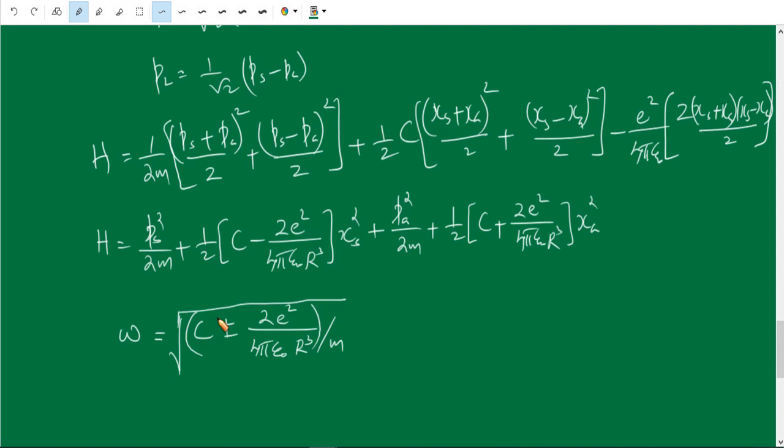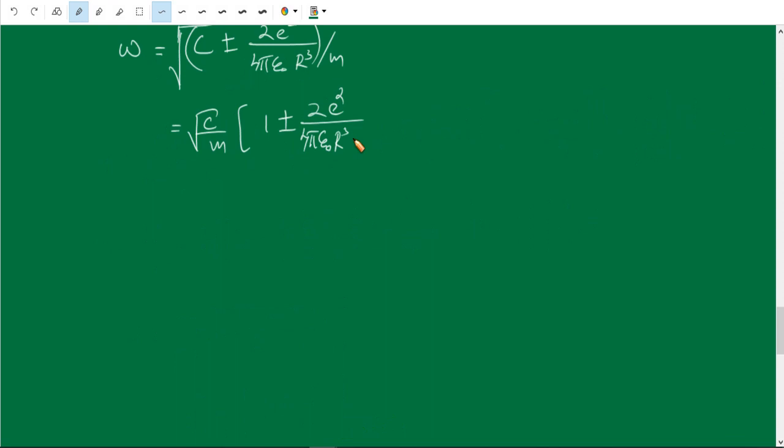This can be expanded. Taking c by m out, omega is the root of c by m into (1 plus or minus 2e square by 4 pi epsilon 0 r cube c) whole raised to 1 by 2.